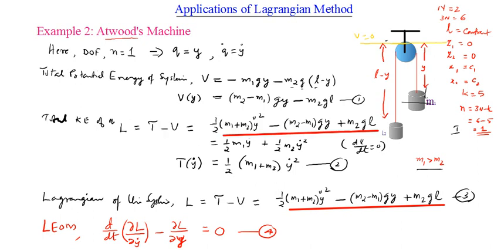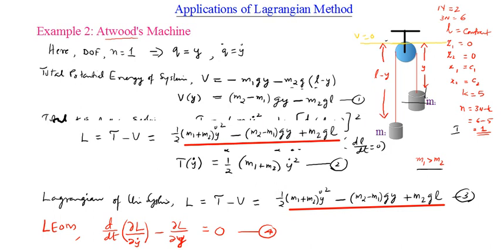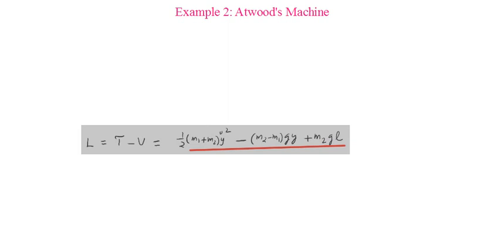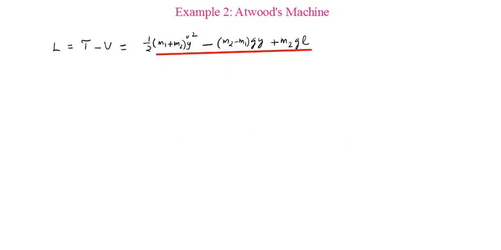Yeah, so I have the Lagrangian here. Now what do you have to find out? I have to find out dou L by dou y dot. So let me find out dou L by dou y dot.